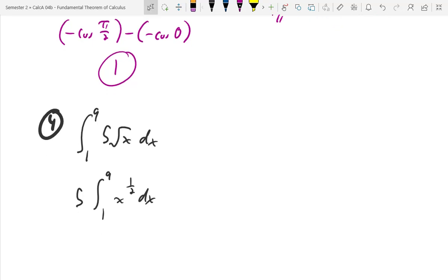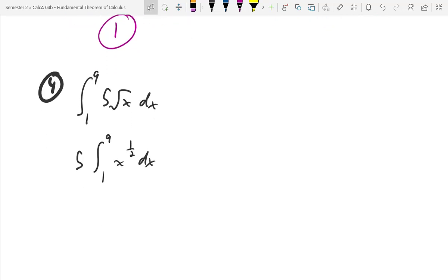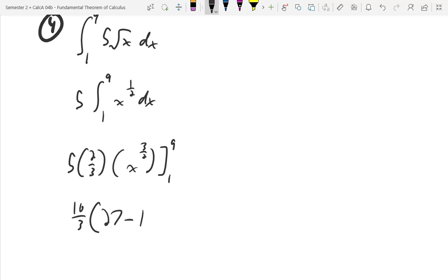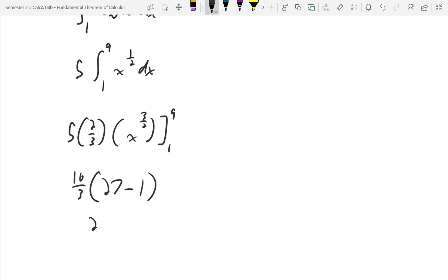It's easier to see it there. Raising to the 3, now x to the 3/2, but you'd be multiplying by 2/3. So 5 times 2/3, which can still be factored out. And then you just have x to the 3/2. That's evaluated from 1 to 9, which means it is 10/3 times 9 to the 3/2 minus 1 to the 3/2, or 2/63.